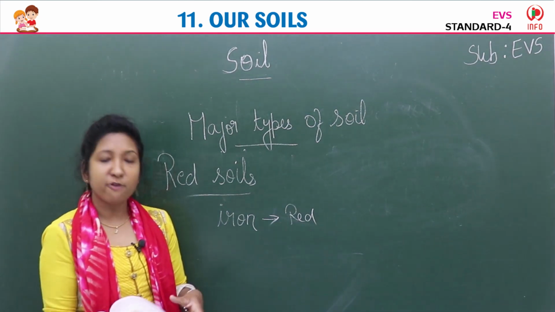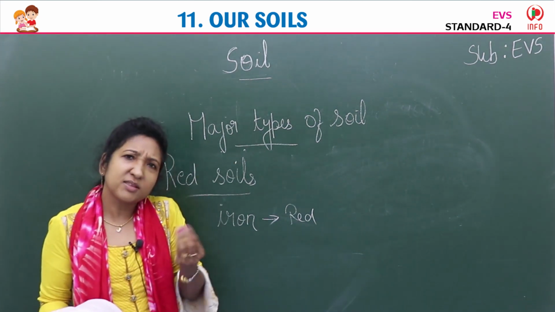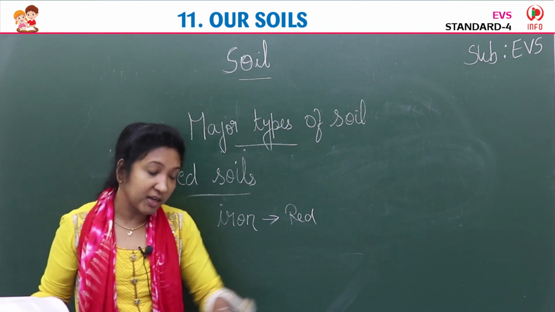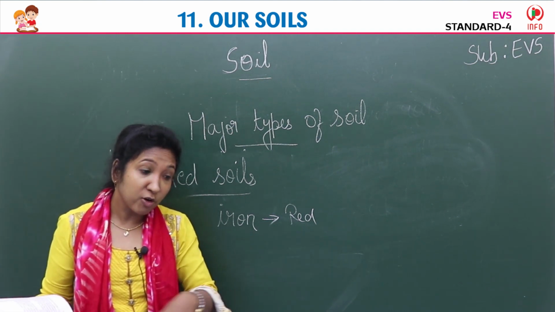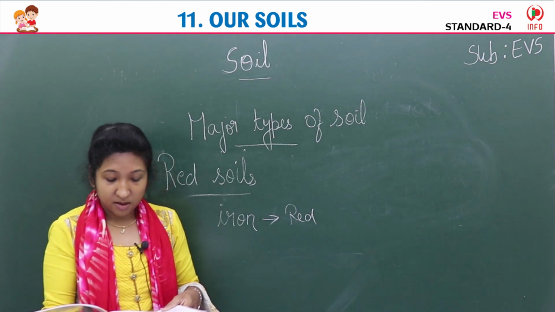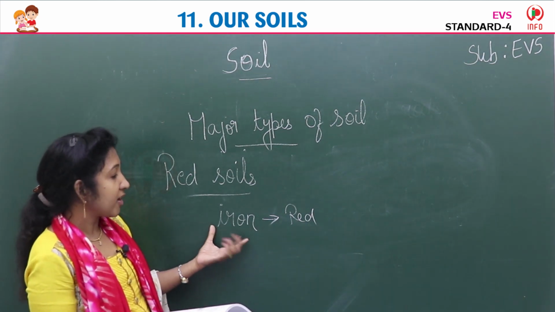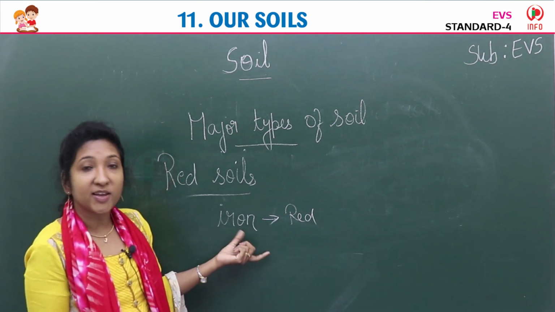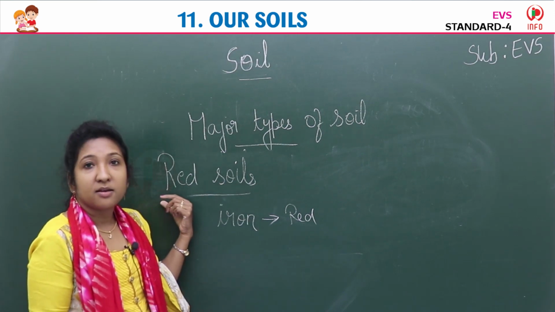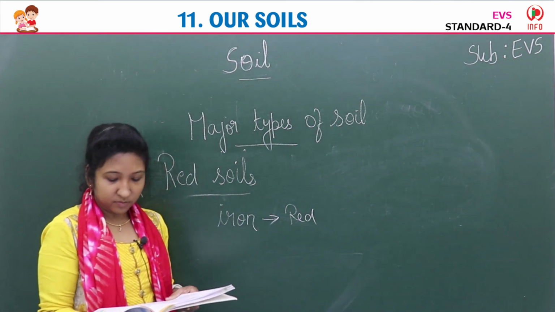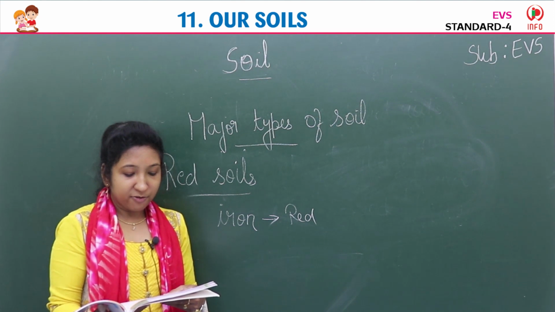Dissemination means spreading of red oxides. Red oxide, you have seen the flooring, red color floor, that is red oxide. So because of the red color, or because of iron in the soil, it got the name red soil. These soils are friable.